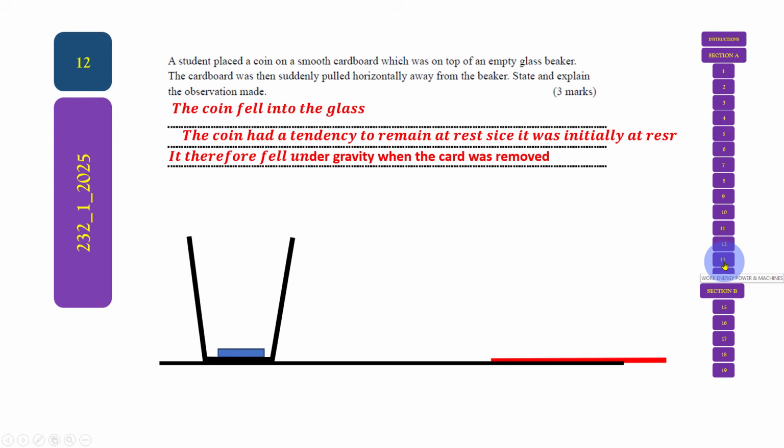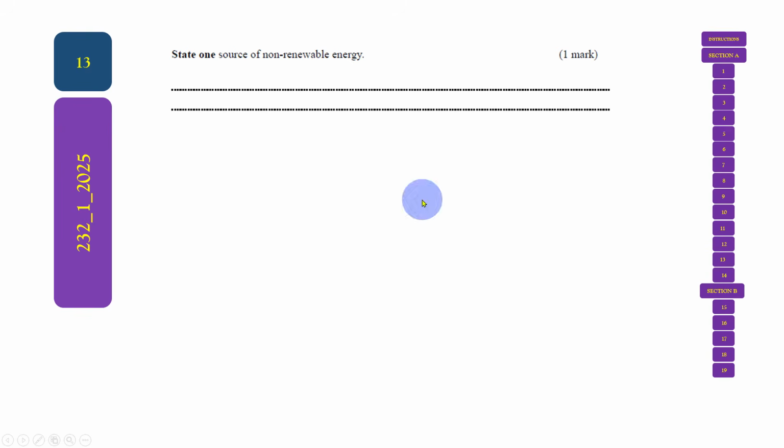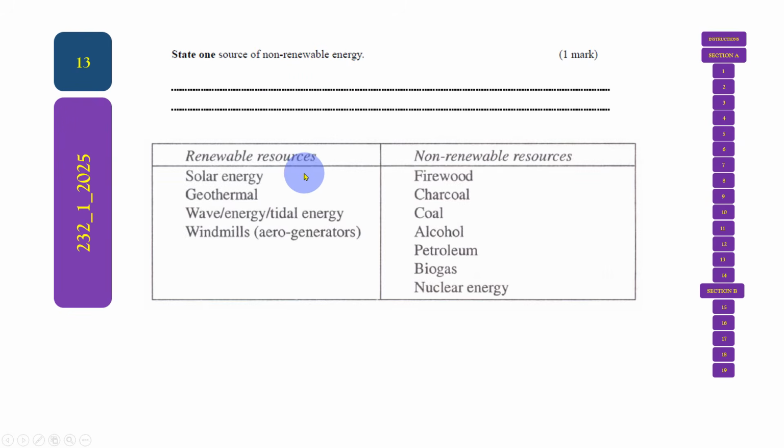Let's move over to question 13. Question 13. State one source of non-renewable energy. In your course book, you've been given a list of renewable and non-renewable sources of energy, which include firewood, charcoal, coal, alcohol, petroleum, biogas, and nuclear energy.